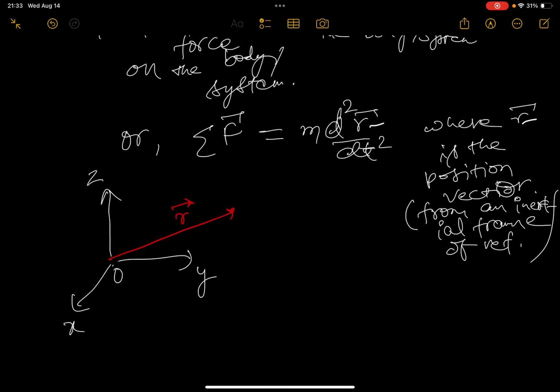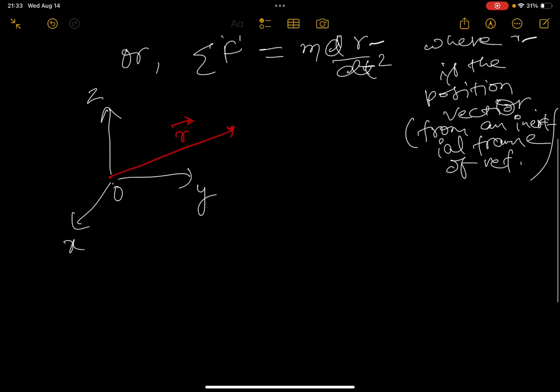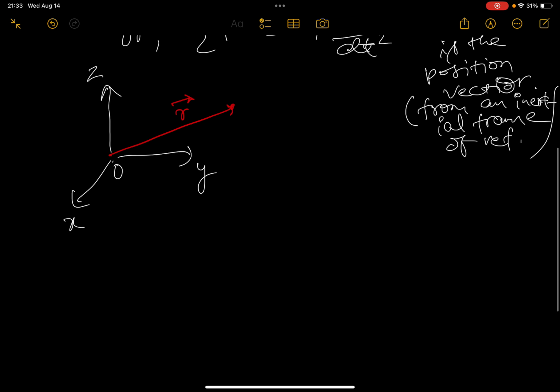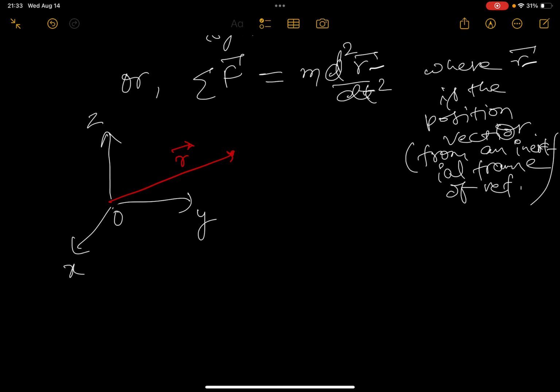So eventually we will see that Newton's first law can basically be deduced from Newton's second law of motion. Now, what is Newton's first law of motion?